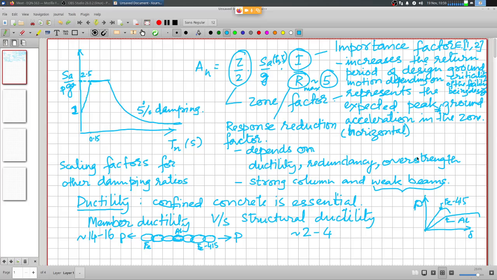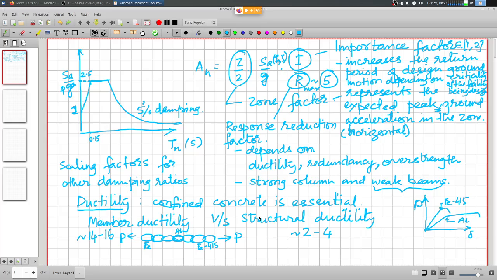So that actually disguises this aspect of reality, that a very high member ductility does not really translate to the same level at the structural level. When we look at the structural behavior, the actual global ductility available in the structural system might be very, very small.